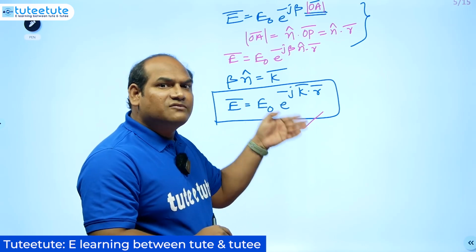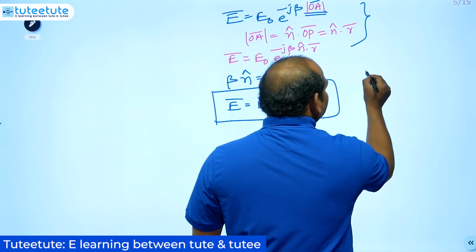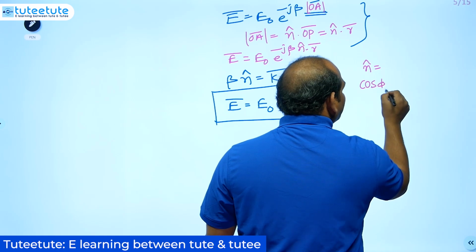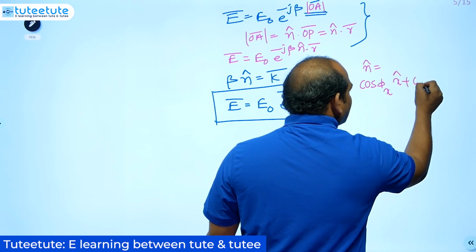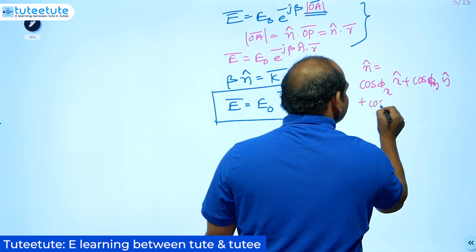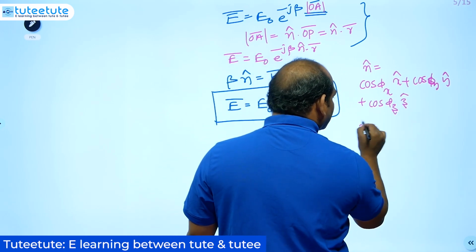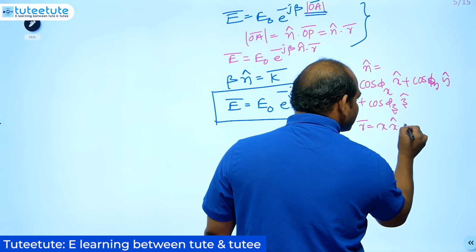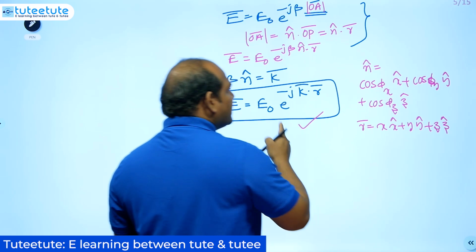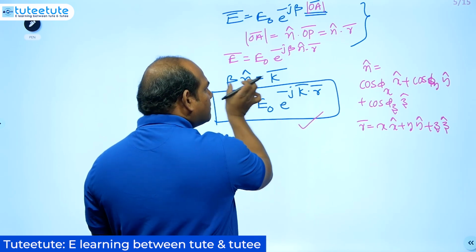Now we can take the forms of the representation from the equations we have. We already know n cap, for which we have given the equation: cos phi x x cap plus cos phi y y cap plus cos phi z z cap. Now what is r bar? It is a general point only, so x x cap plus y y cap plus z z cap. Here we have k bar dot r bar, where k is nothing but beta into n cap.